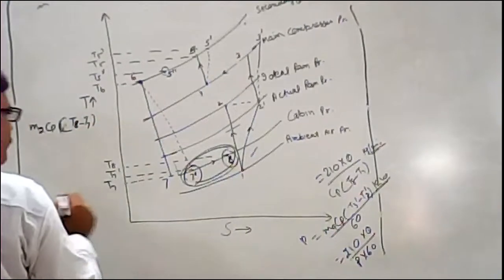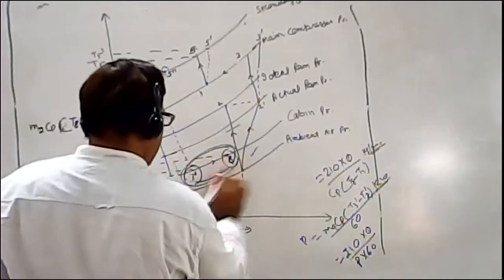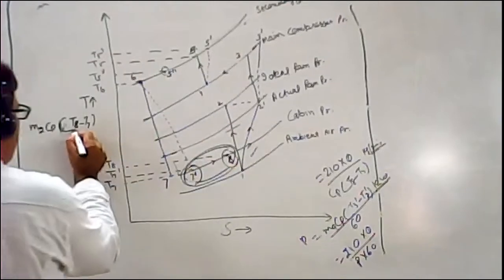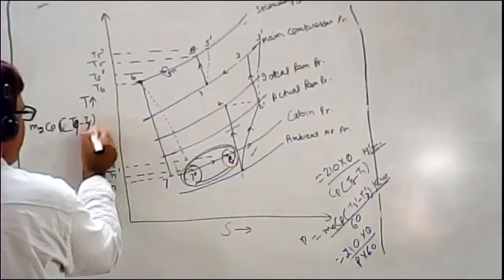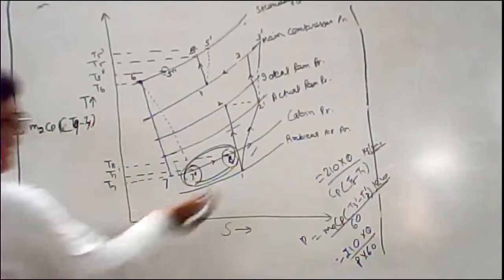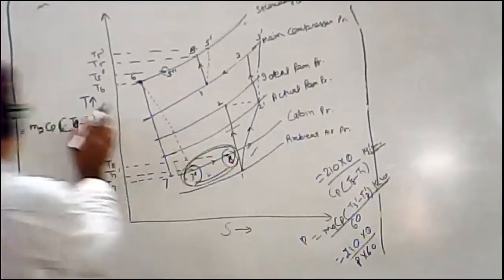T9 here and T7 here. Then how much air is regenerative? Regenerative action will be there.